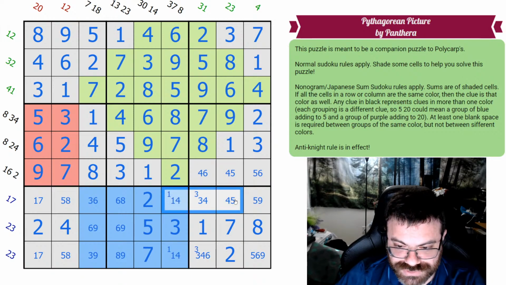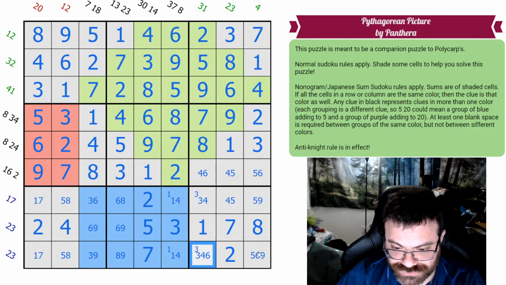Okay, 4 in this row is limited to these 3, and they all see this one. So that's not 4. So now this is the only place for a 4.